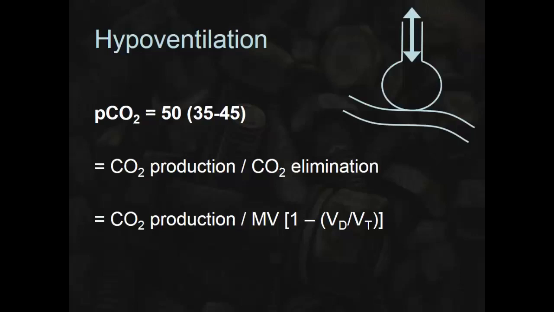So respiratory rate times tidal volume multiplied by the subtraction of dead space ventilation from 1. And this is in the denominator. So, thinking about it for a minute, what happens to my CO2 if I have higher dead space? Goes up or down?